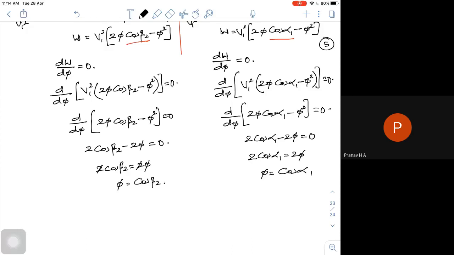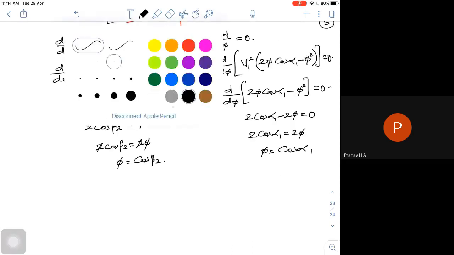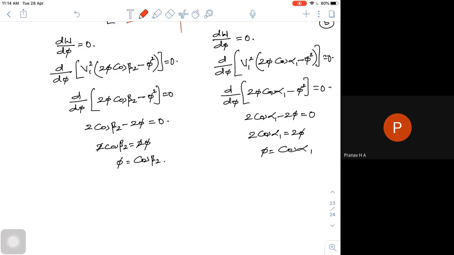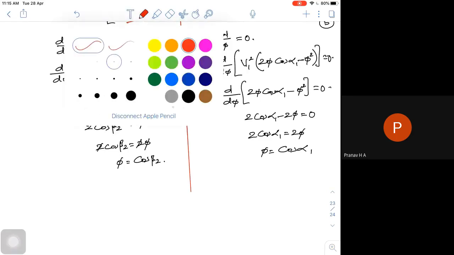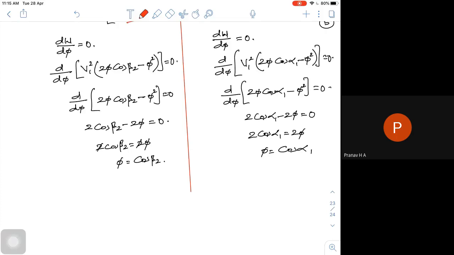Or I can write a combined statement from both. What is the combined statement? It is phi is equal to cos beta 2 is equal to cos alpha 1.